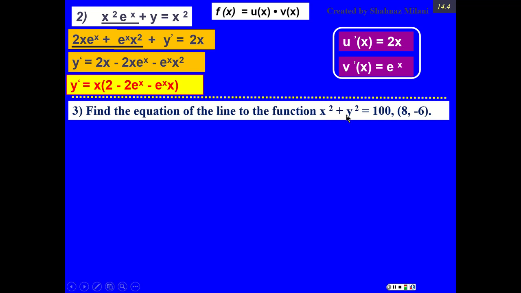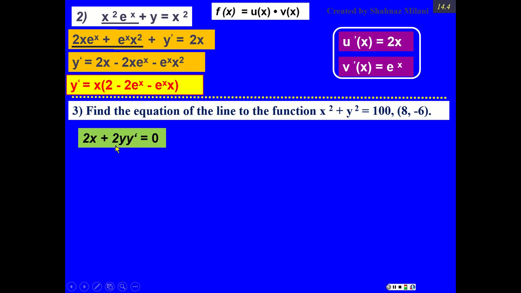Derivative of y to exponent 2 is 2y, y prime. Derivative of 100 becomes 0. But remember, anytime you see the y letter, you do the normal derivative, except in the end, you include the y prime or dy over dx.